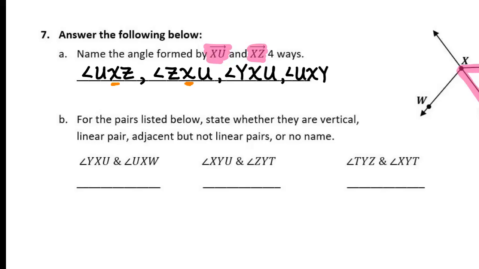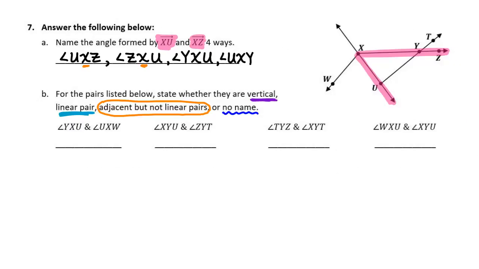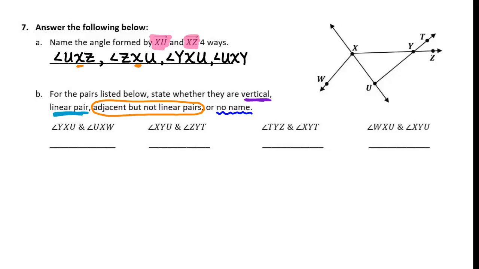All right, for part B, I want to know whether the angles that we are naming down here are vertical angles. Are they a linear pair? Are they adjacent, but not a linear pair? Or do we have no name for that special angle pair? So I'm going to highlight the angles that we're talking about, and we're going to try to pick out what type of angles those are.